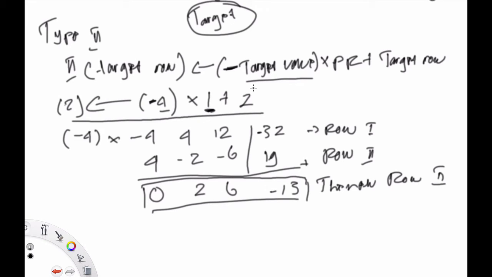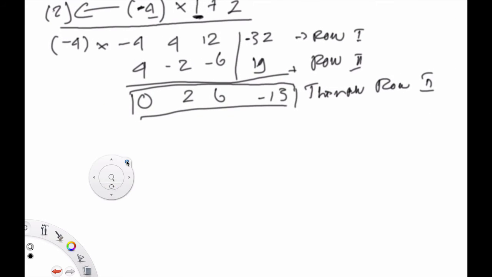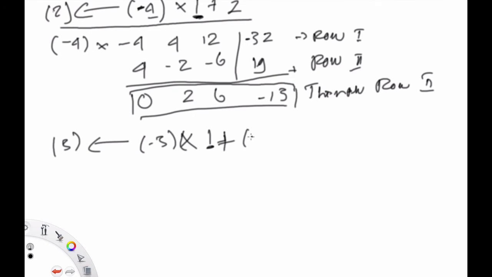But before we put this into the matrix, we continue, because we have two rows here. The other row we have to change is the third row, which uses the same type 2 operation. So this is minus 3 multiplied by the first row, and we get the new row 3.